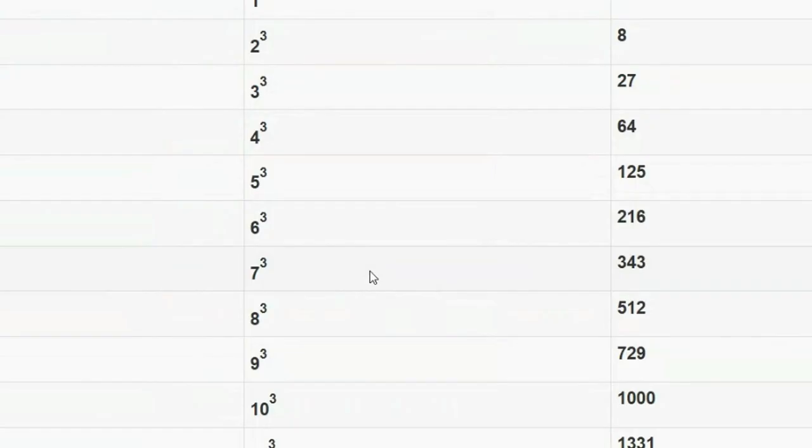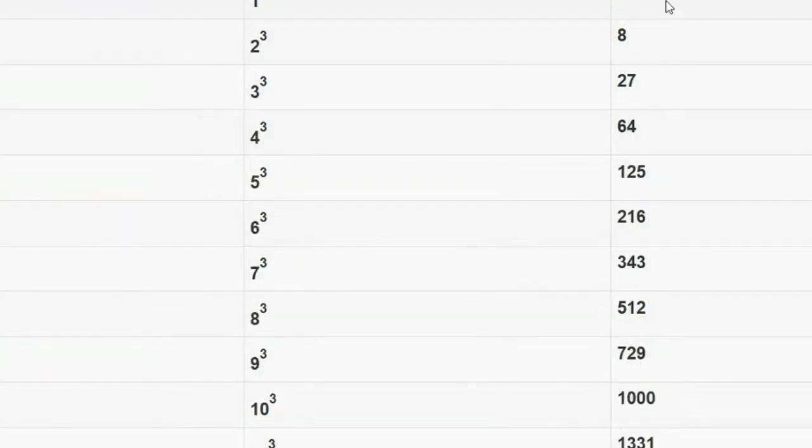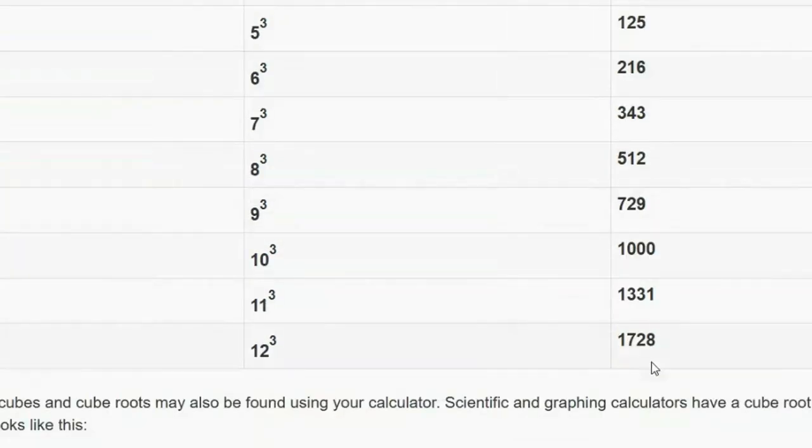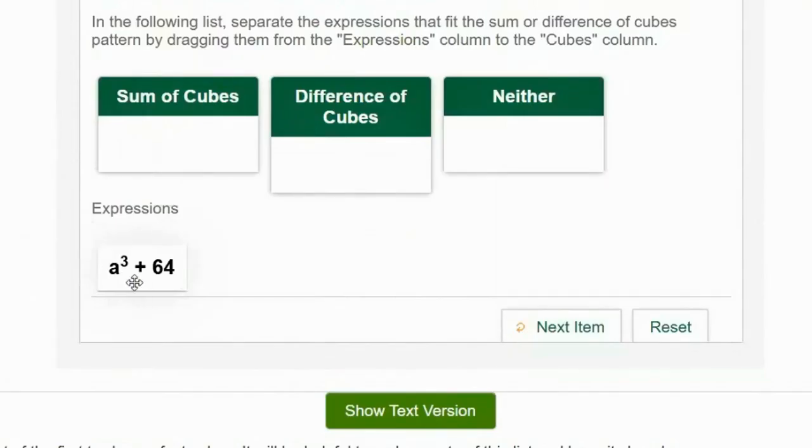If you want to put that in your notes or print that out of Buzz or wherever, 1 cubed, 2 cubed, 3 cubed, 4 cubed, 5 cubed, 6 cubed, all the way down to 12 cubed. They have that right here in our lesson. So knowing that 64 is a 4 times 4 times 4 number, it is a cube. That is a sum of cubes.